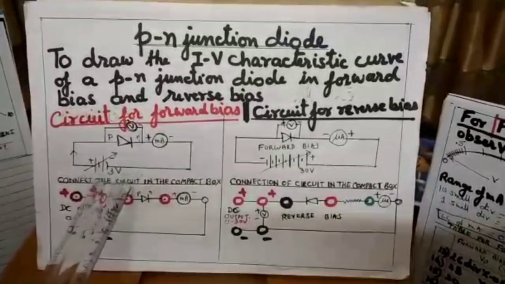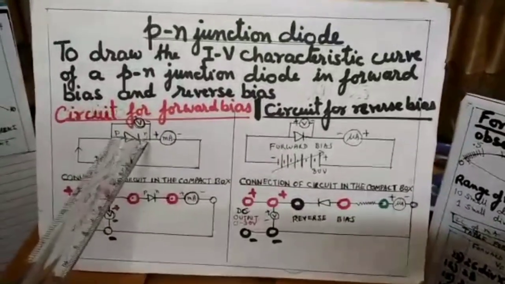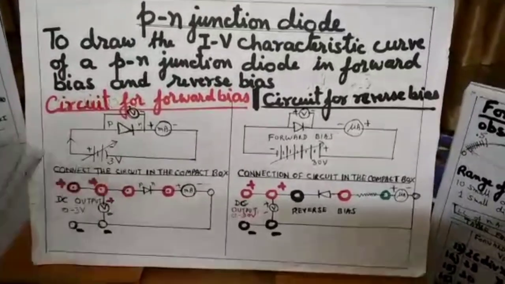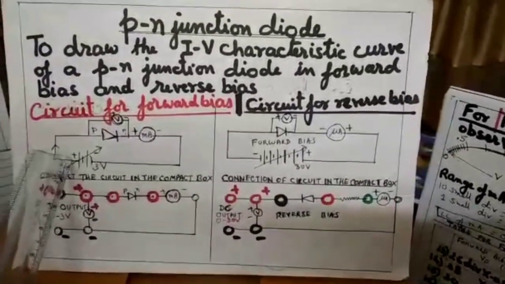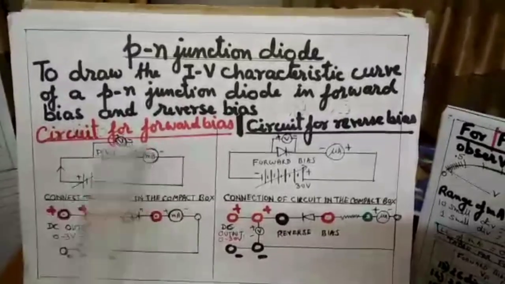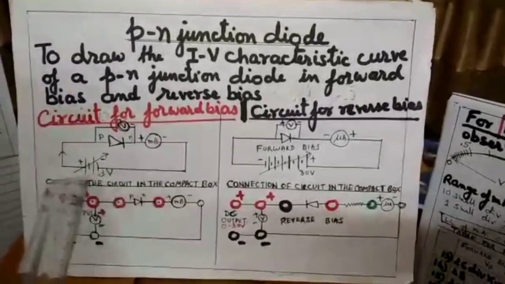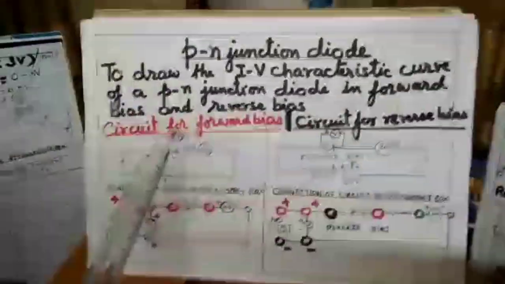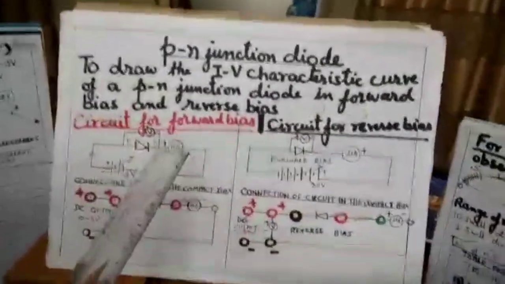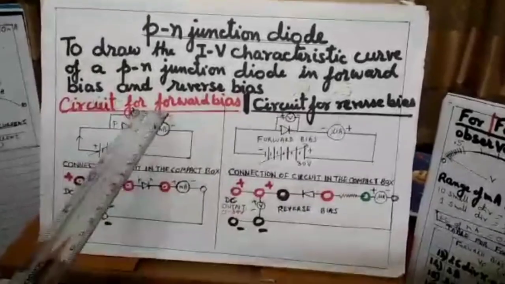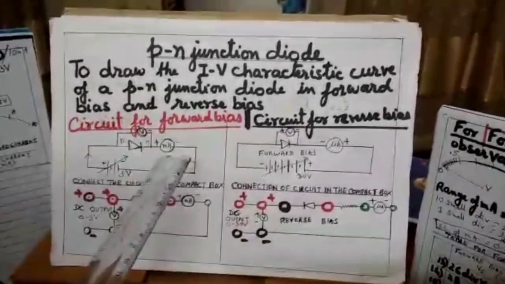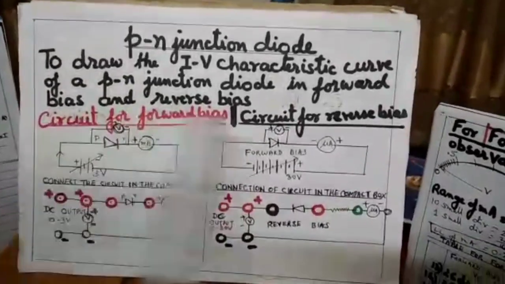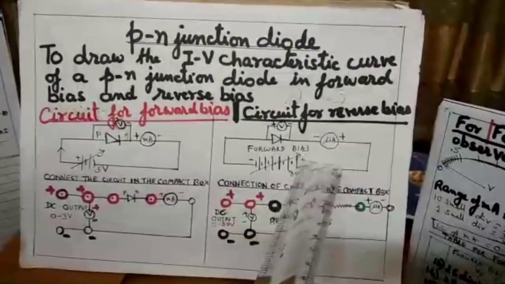Since this is forward bias, the P portion of the diode is connected to the positive of the battery. Now this arrow shows a rheostat; if we change the rheostat, then the current in milliamperes and voltage in volts will change. Parallelly, I have drawn the reverse bias circuit as well.